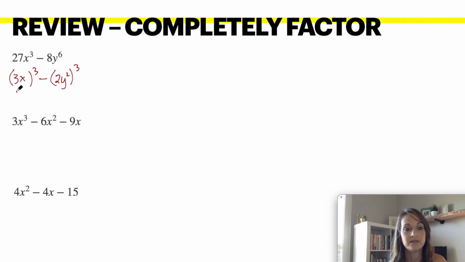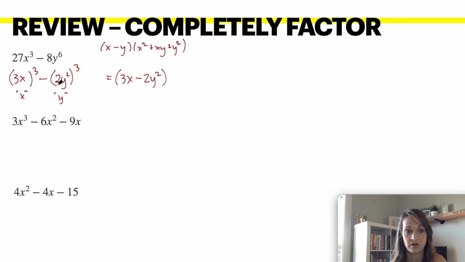So this represents my x. This represents my y. So I'm going to use the formula for the difference, which is going to be x minus y times x squared plus xy plus y squared. So this is my x. This represents my y. So it will be 3x minus 2y squared because the 2y squared is the term.